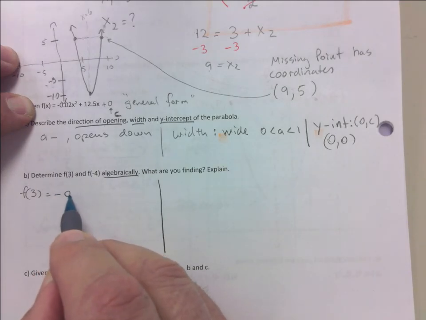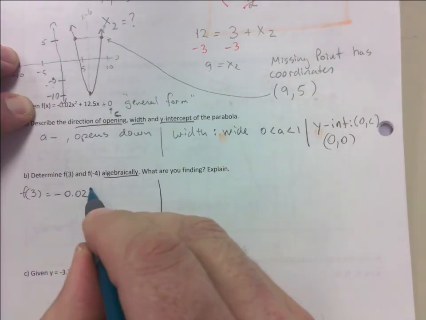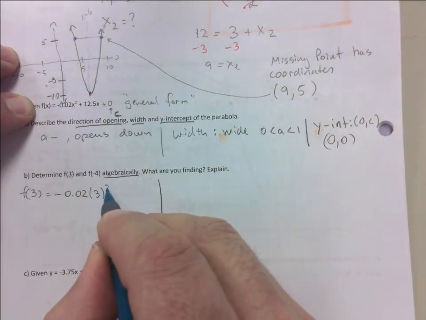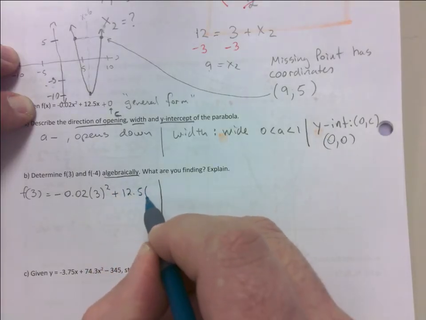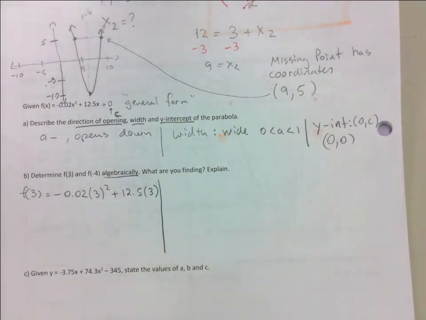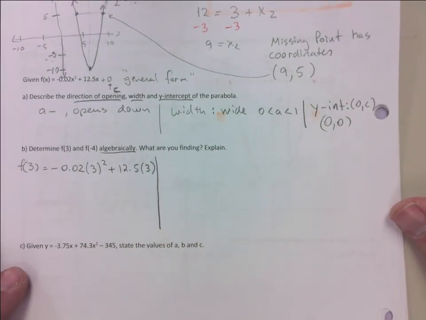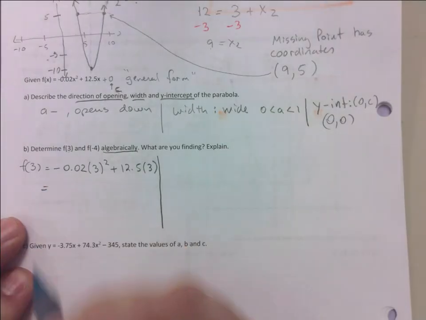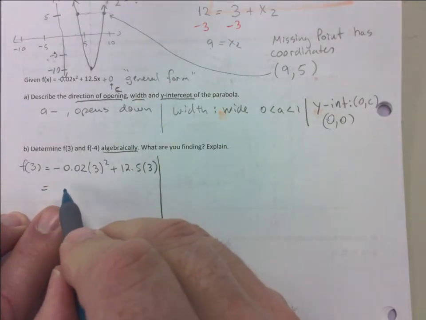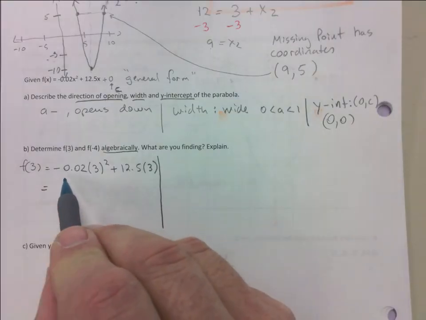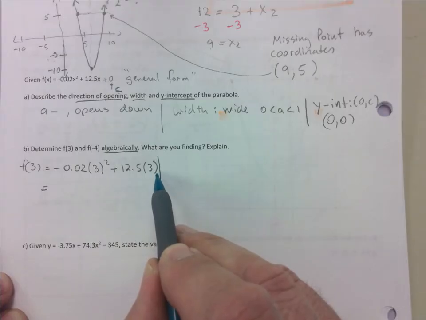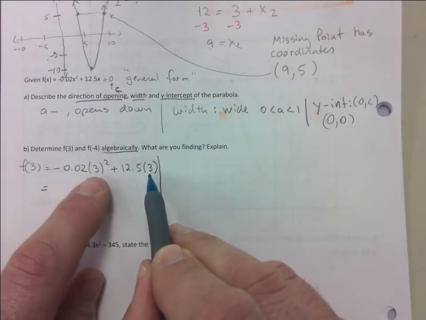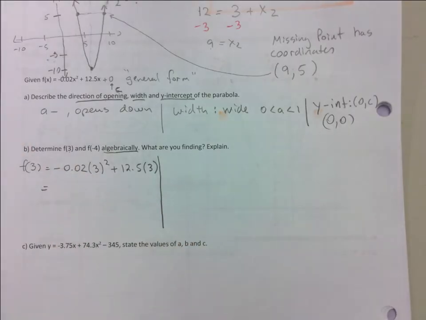So negative 0.02 times 3 squared plus 12.5 times 3. I would say in this course, because it's applied, if you now type this into your calculator, you get the mark. I just want you to show me once that you're inserting 3.